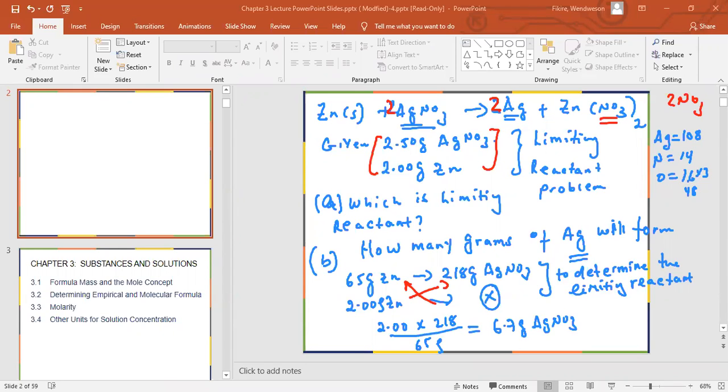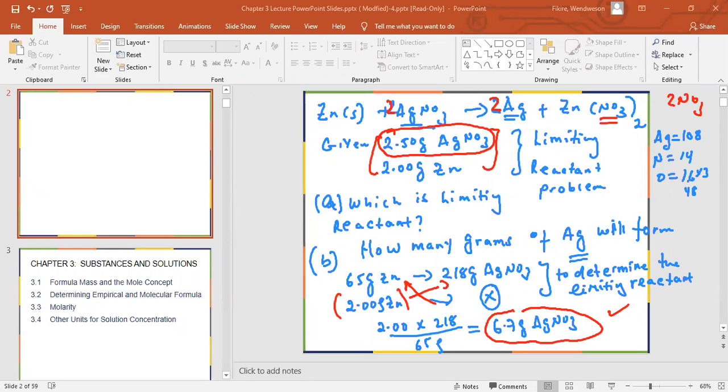So you see here, this is a comparison for you: 6.7 grams of silver nitrate and 2.50 grams of silver nitrate. For 2 grams of zinc, according to the calculations that we did here, you need 6.7 grams of silver nitrate. But they gave you 2.5 grams of silver nitrate.